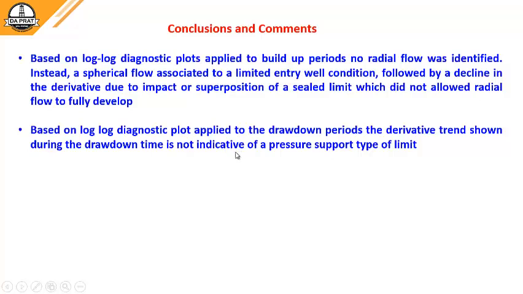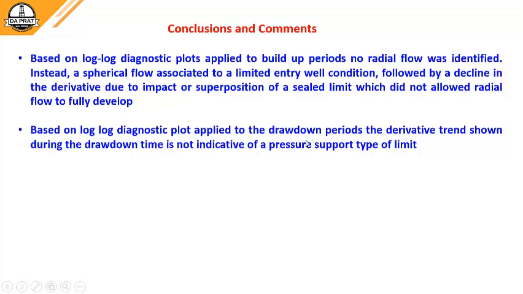But again, in many cases, you tend to believe that this pressure maintenance is due to a constant pressure limit, like a huge aquifer, and you have to check the drawdowns to make sure that they're both in line regarding the limit, like we're saying here.